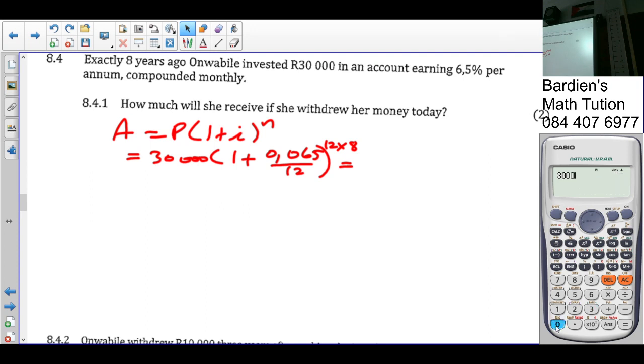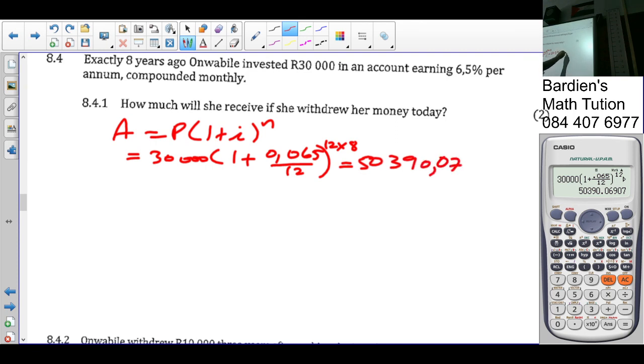You all okay with that? 0,065 over 12, the exponent 12 times 8. That gives me 50,390.07, 7 cents. Right, you all okay with that? Is that correct?